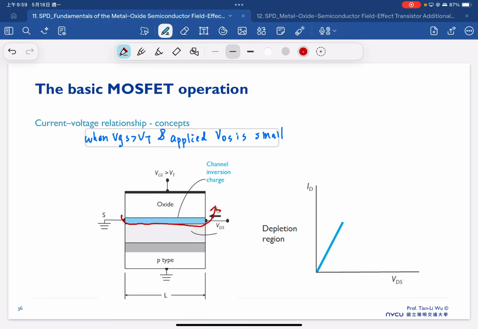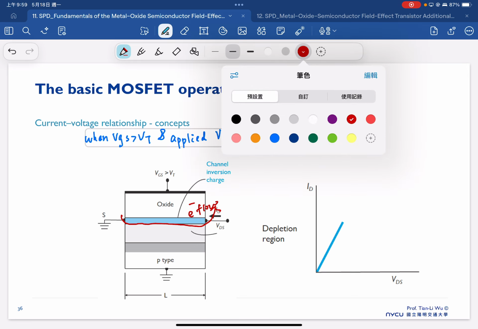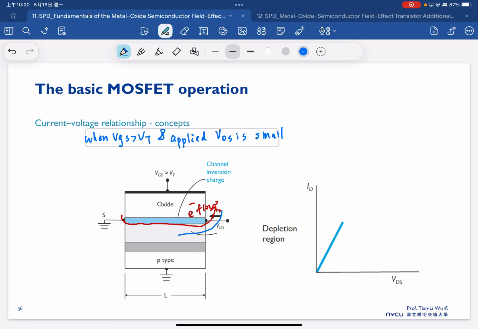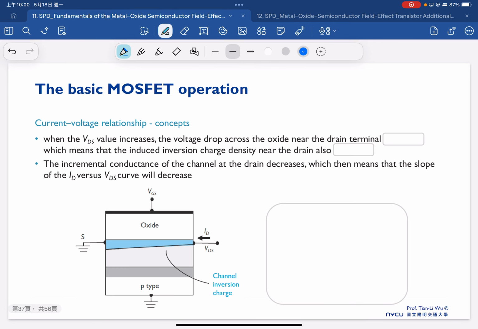So that's the electron flow, and the drain current IDS flows from the drain to source. That's the first case, where we have a small VDS. But now we are interested in continuing to increase our VDS bias.